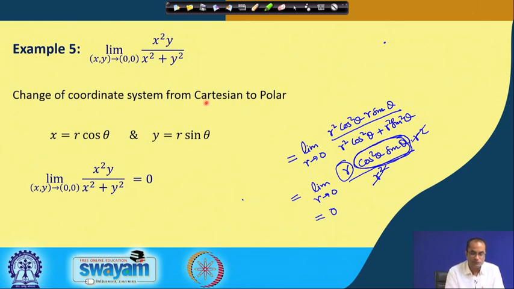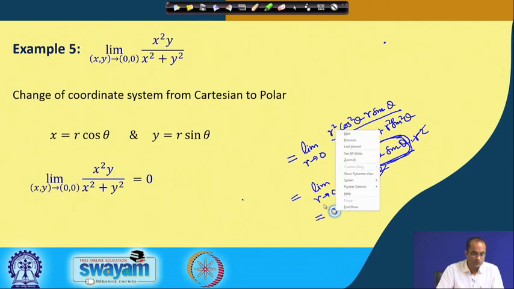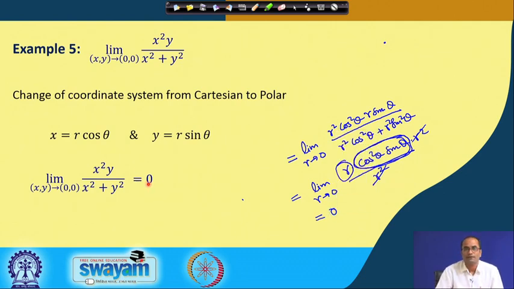So, by changing the coordinate system, the evaluation was easy and we could conclude that the limit is 0. Note again that we have not fixed the path, because we got this limit independently of theta. Without fixing the value of theta, we have approached 0. So, this limit is not along a particular path; it is independent of the path.